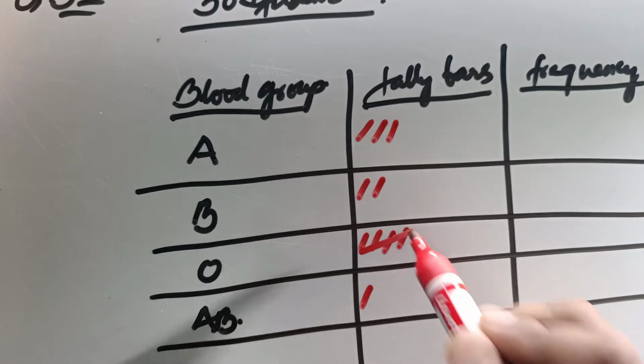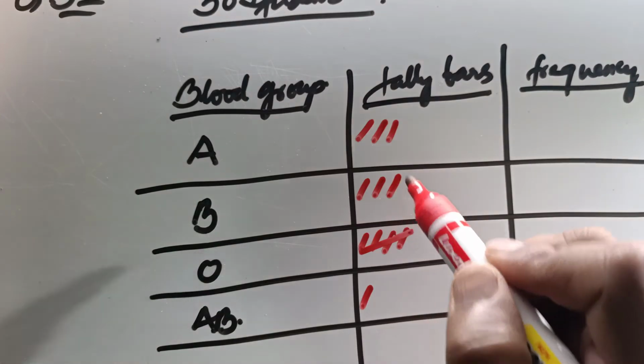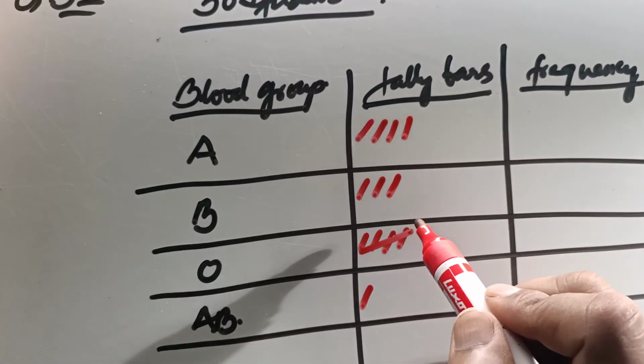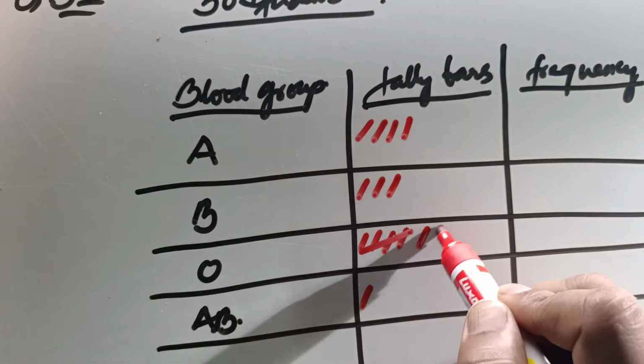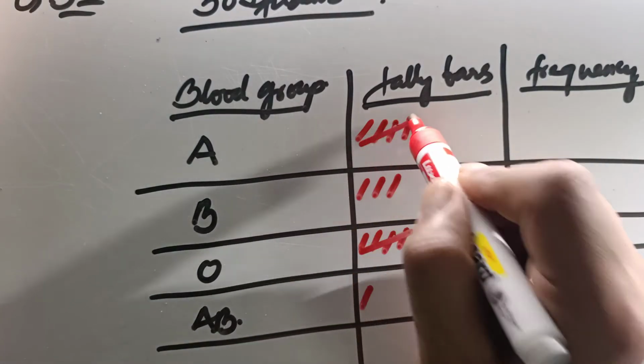The moment it comes 5, you have to cross it over. Next is B, next is A, next is OO, next is A, so once again 1, 2, 3, 4, and this is 5.